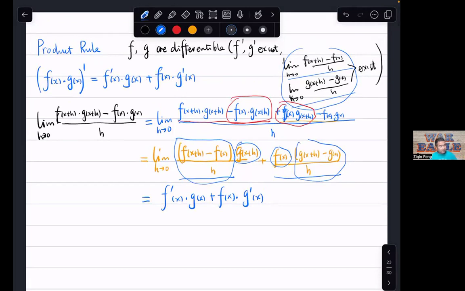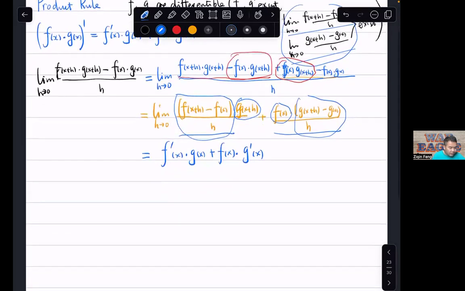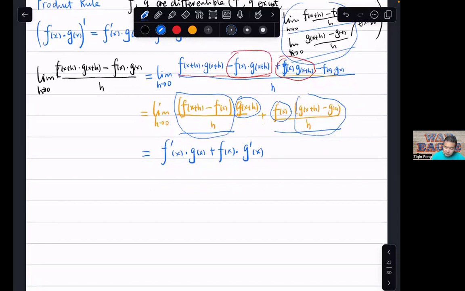And so let's see an example, right? Let's see a quick example here. Example.